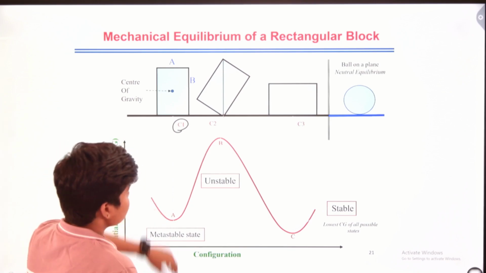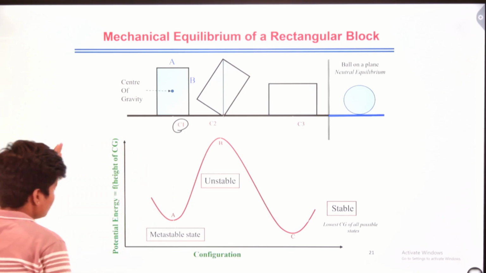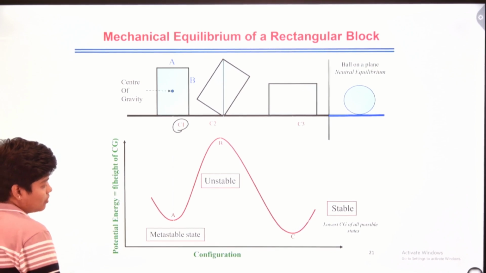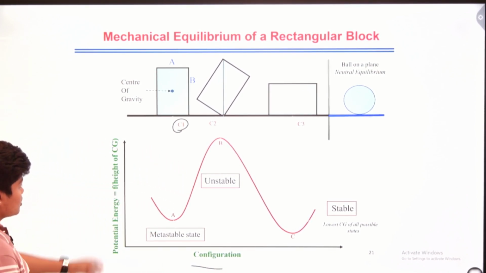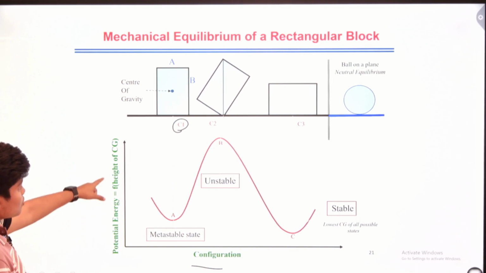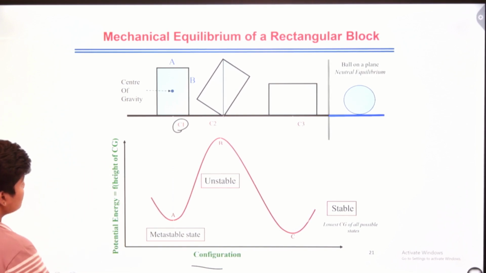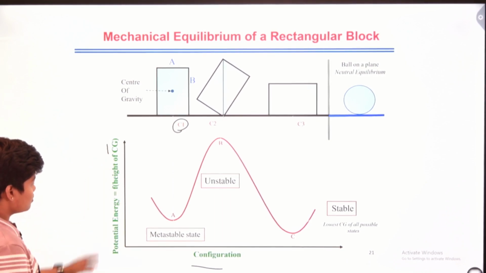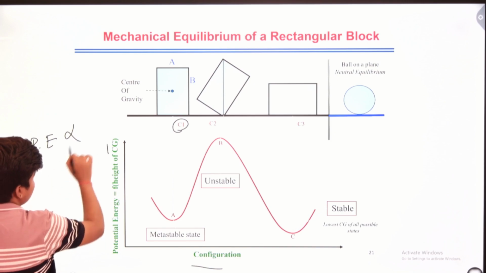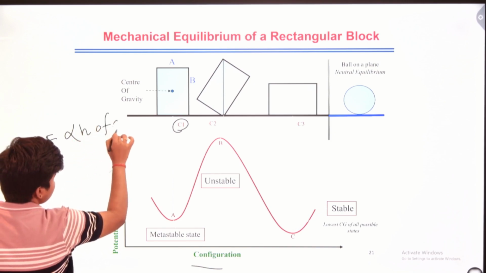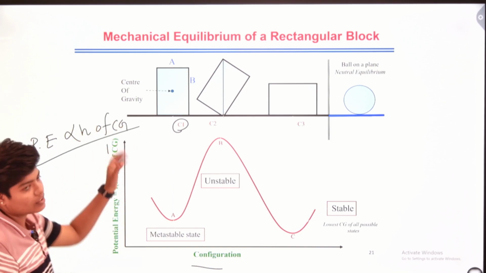By shifting its configuration, we'll see how its stability changes according to the configuration. On the y-axis we take the potential energy, which is directly proportional to the height of the center of gravity of the rectangular box.